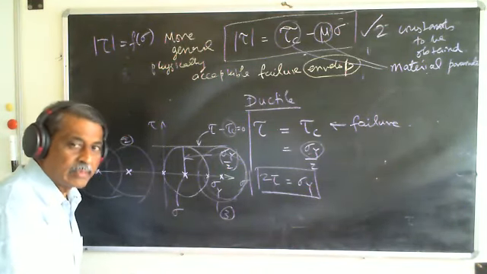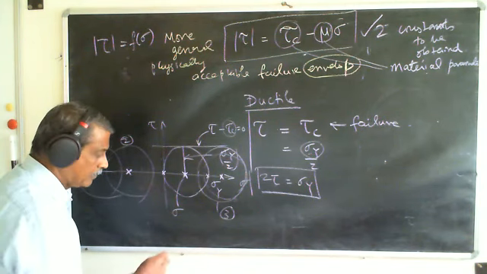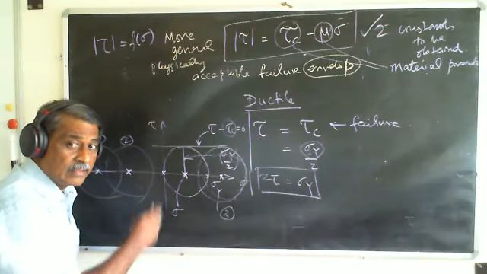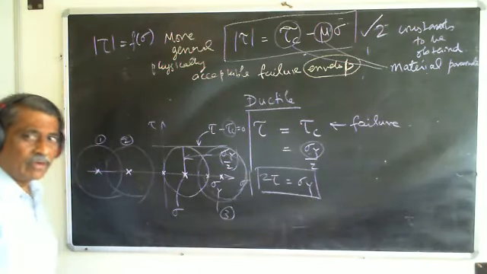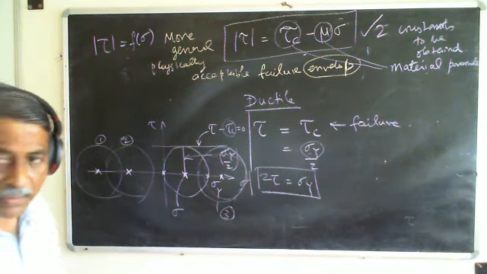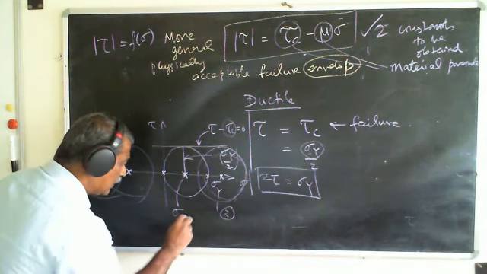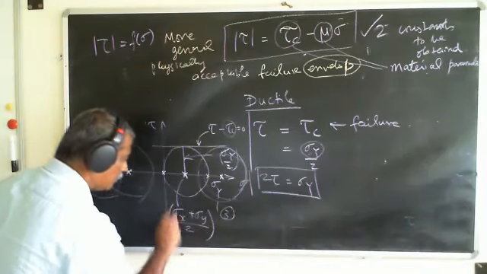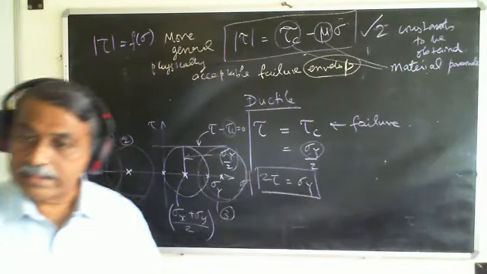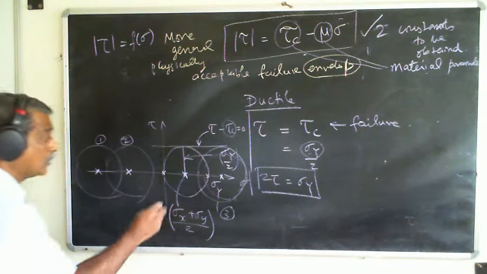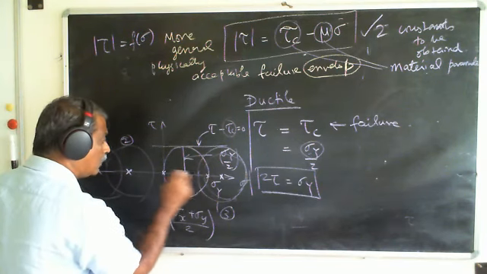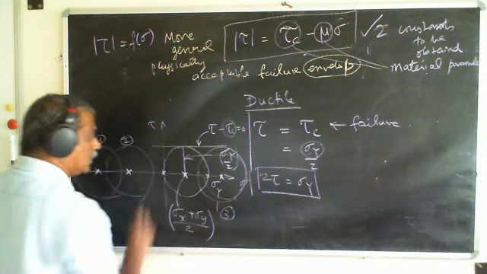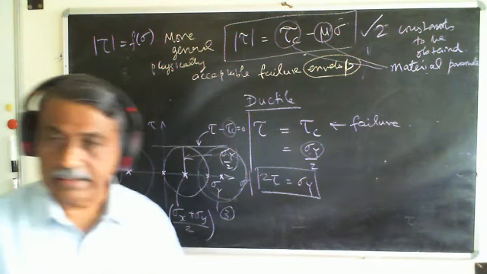No, it's not sigma y. How do I find out the center? Looks like many of you have not done the assignment. That's why this problem. The center is equal to the average of the two diagonal stresses. It is also equal to half the sum of the principal stresses.